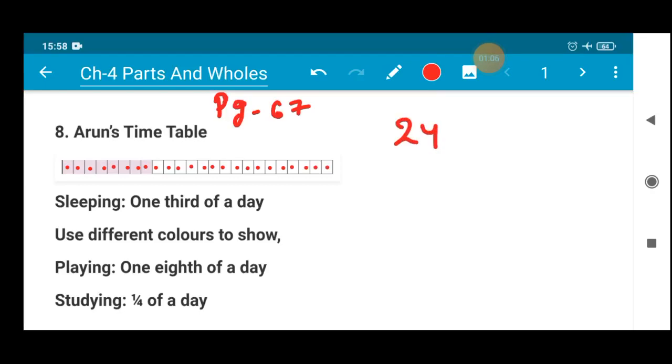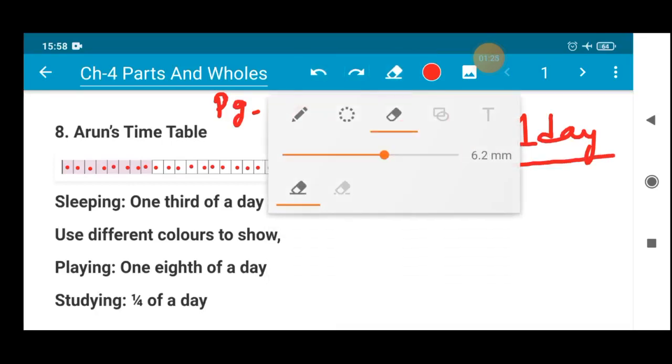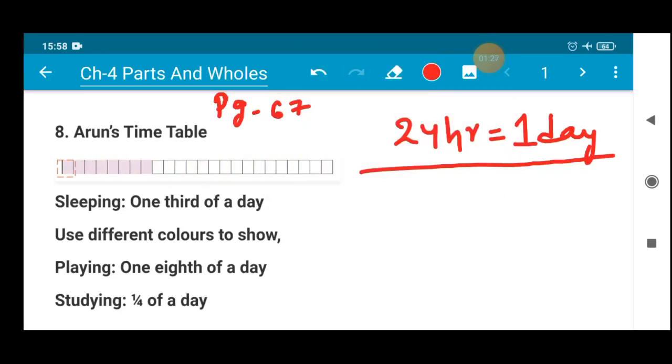So there are 24 small boxes in one whole box, isn't it? What is this 24 actually representing? It is representing 24 hours. You all know in one day we have how many hours? 24 hours, right? So this is actually representing this only.